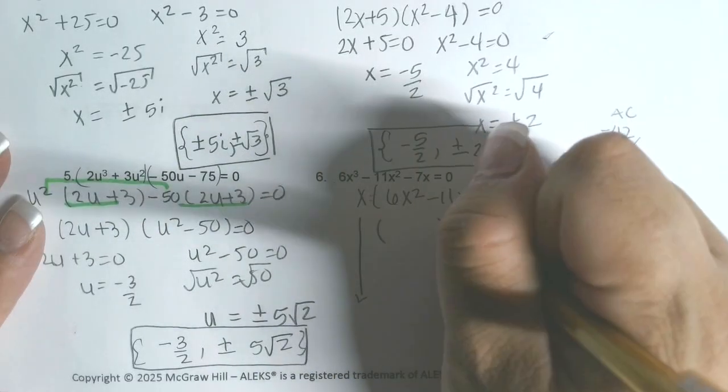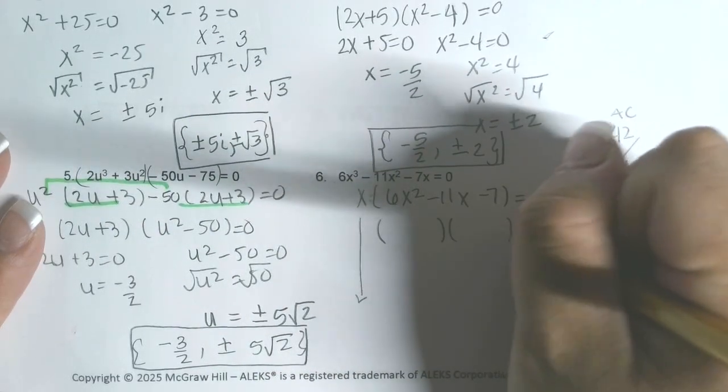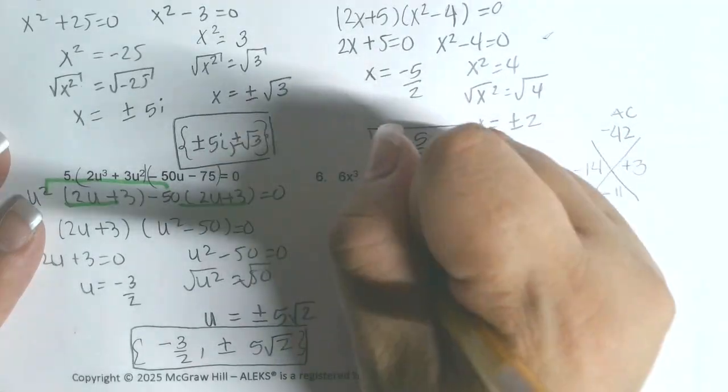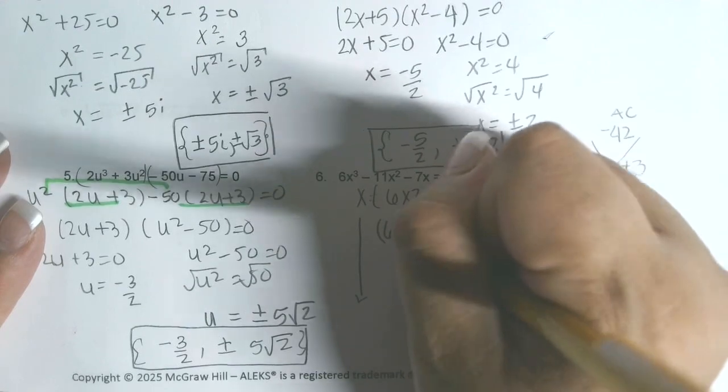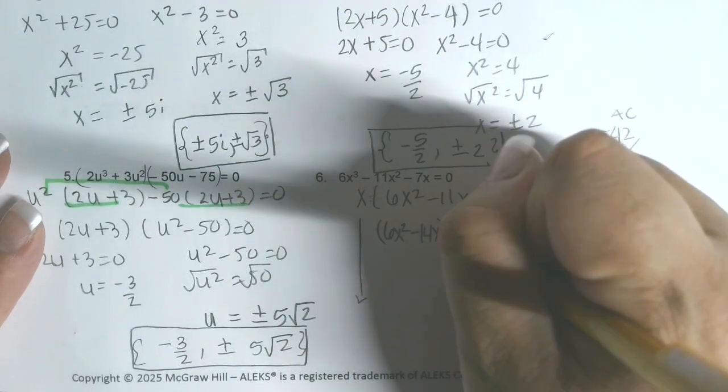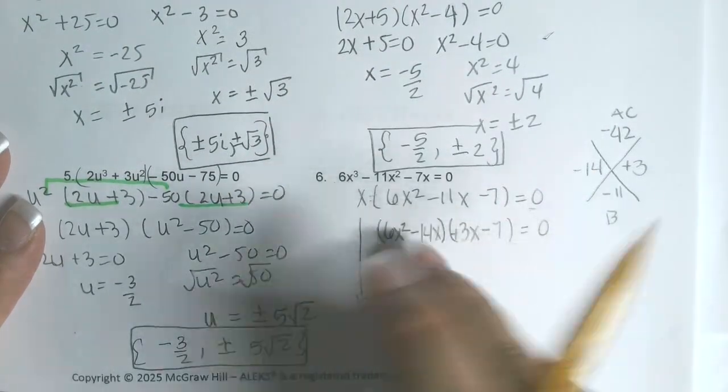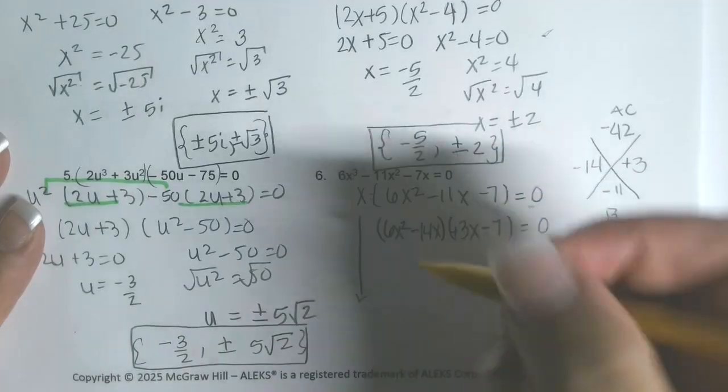So I'm expanding the center term, so I get 6x squared minus 14x plus 3x minus 7. And then take out the GCF in each term.